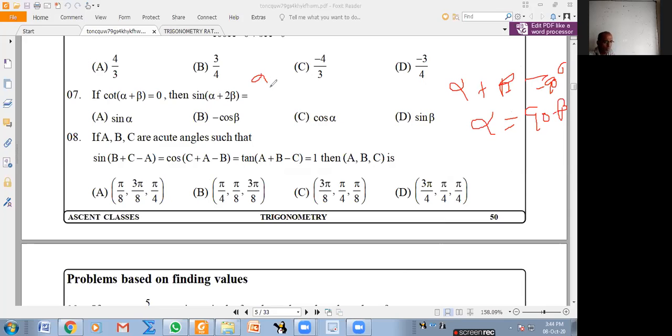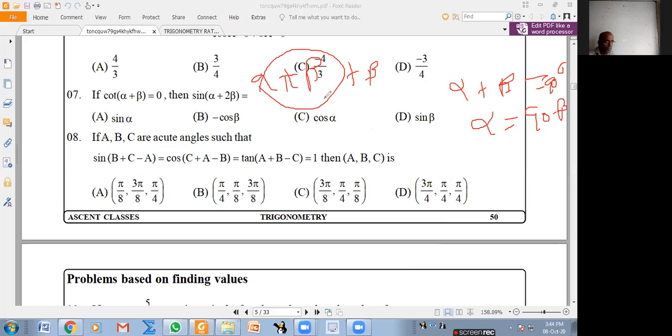You can write alpha plus 2 beta as alpha plus beta plus beta. In that, alpha plus beta is 90, so you'll get 90 plus beta, and sin of (90 plus beta) is plus cos beta. But cos beta is not there in the options, so I should try to write in terms of alpha.